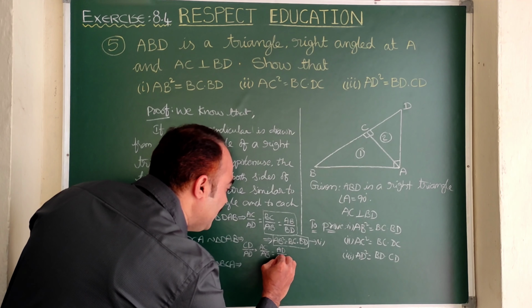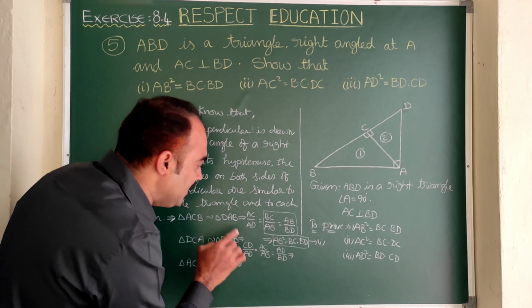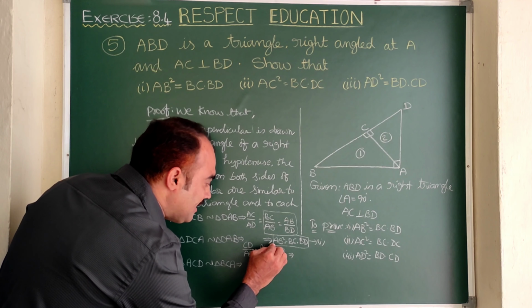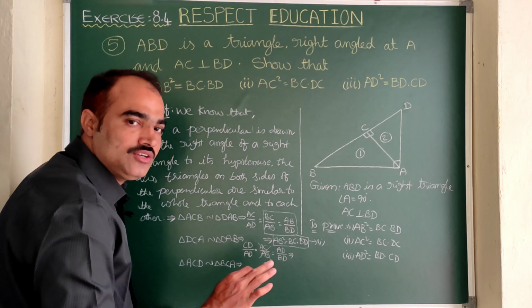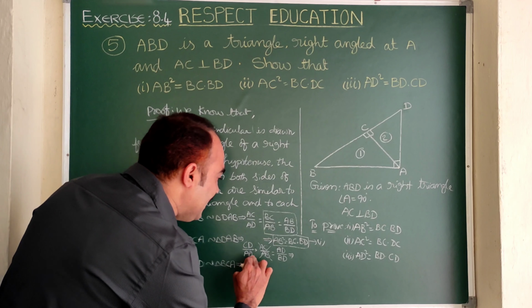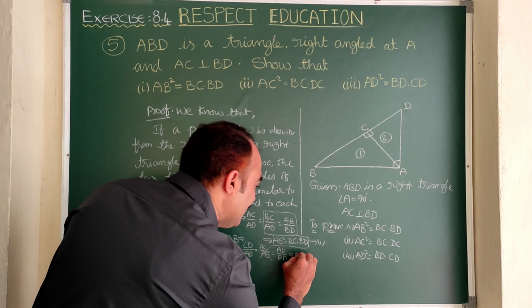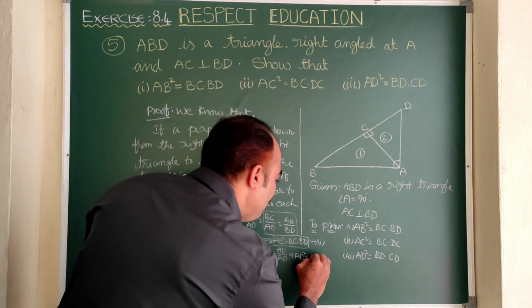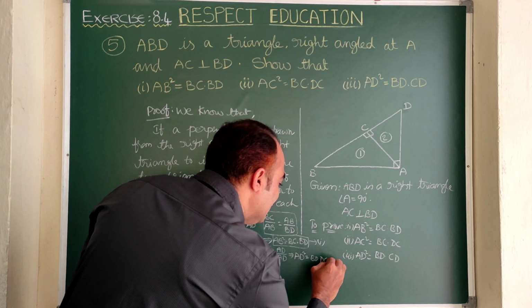Here you observe AD and AD, these two are matched, so let us omit this. Let us do cross multiplication. AD into AD equal to AD square is equal to BD into DC.